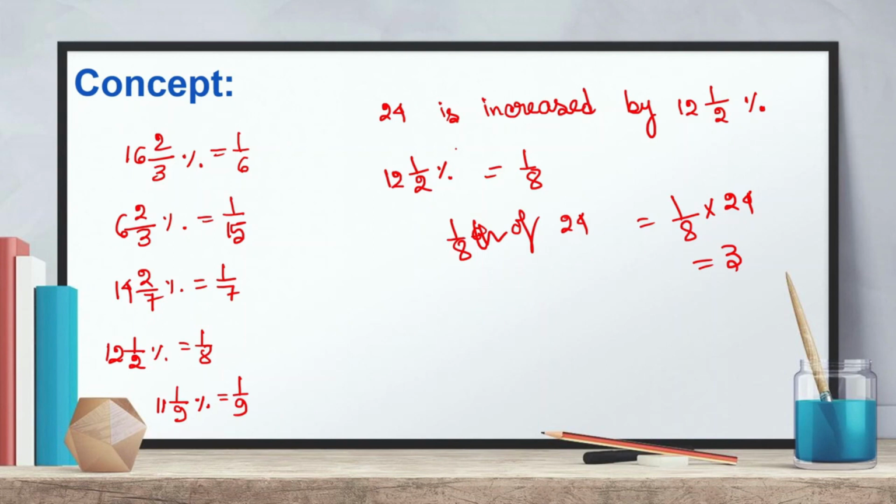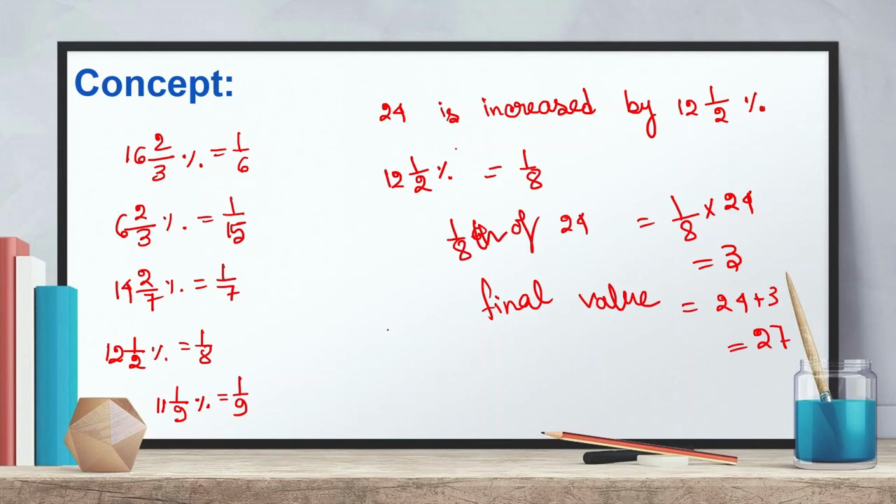So, the increment is 3. And what is the final value? Final value is 24 plus 3, that is 27.